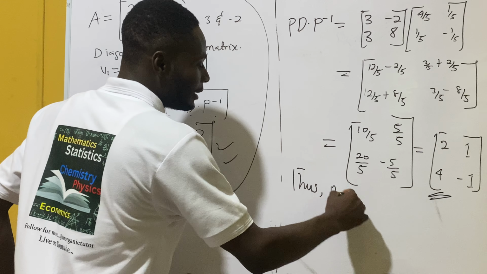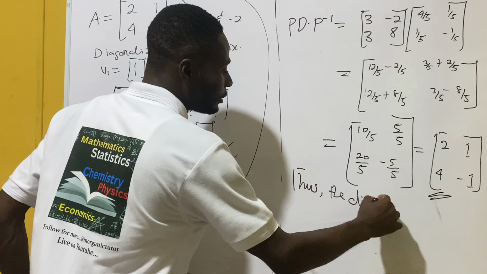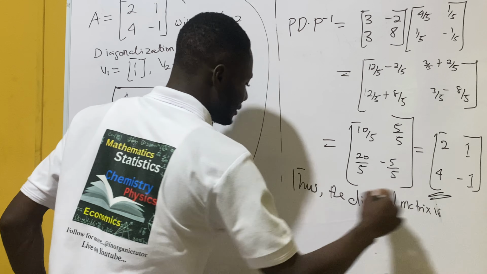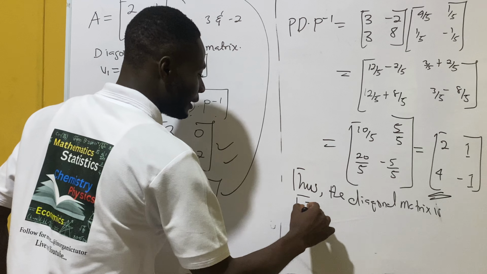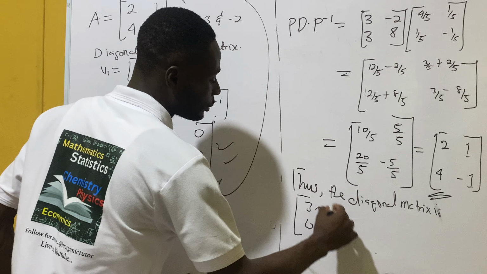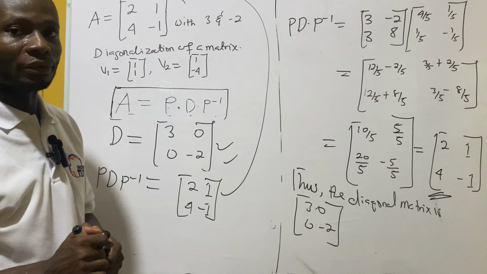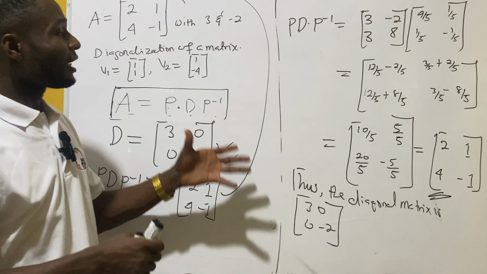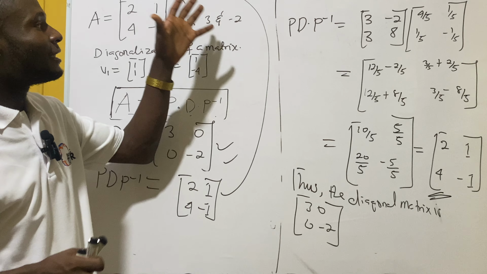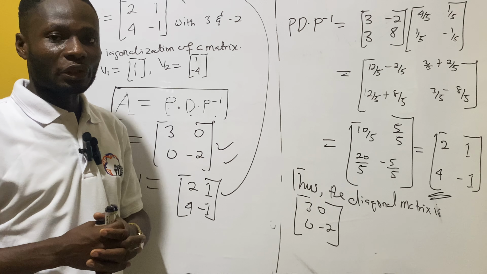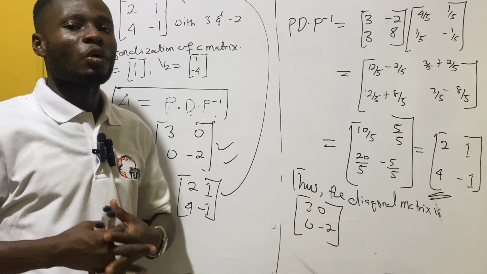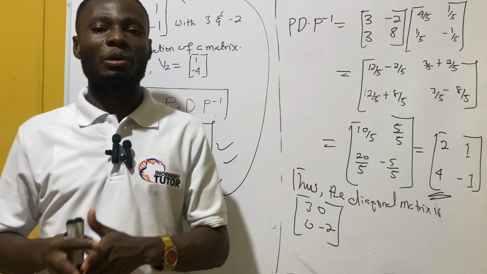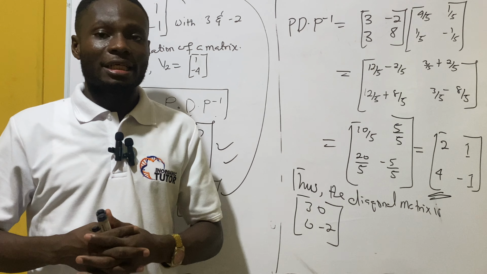Thus the diagonal matrix is 3, 0, 0, -2. The diagonal matrix is basically the eigenvalues, but we just want to confirm that when you multiply the PD with the P inverse, you get the matrix A.